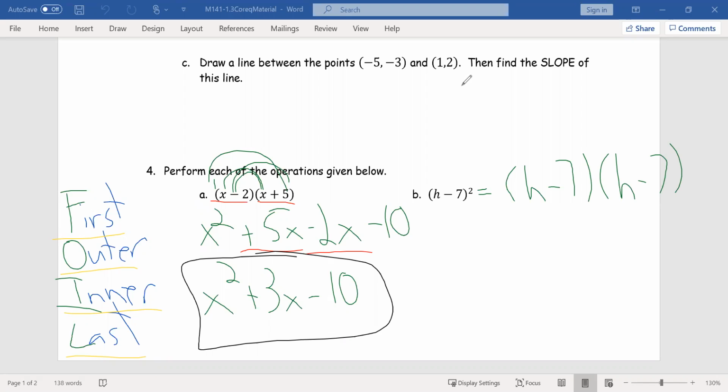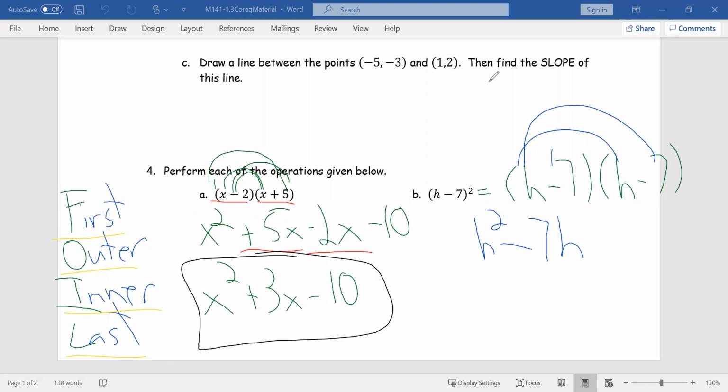Now notice this looks like the previous one, where we have two terms being multiplied together, so we have to use our FOIL technique. We'll do the h times the h, which will be the h squared for the first. The outer is the h times the negative 7, which gives us negative 7h.